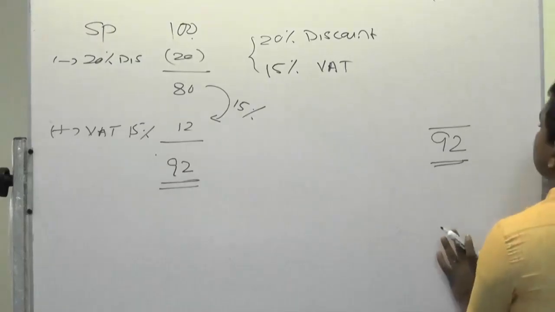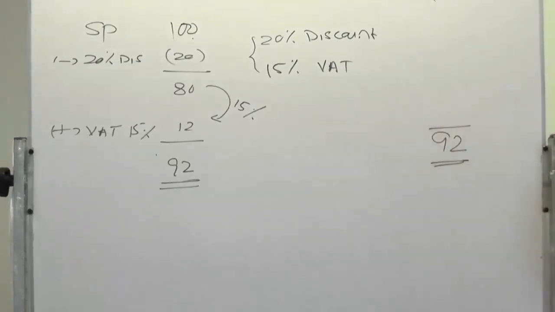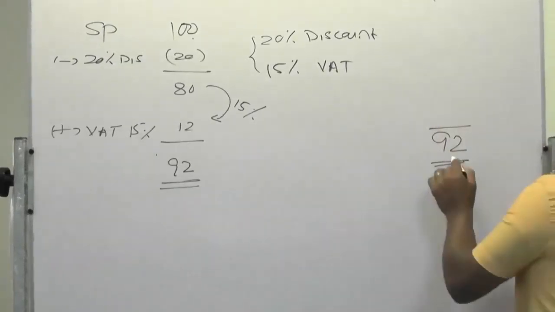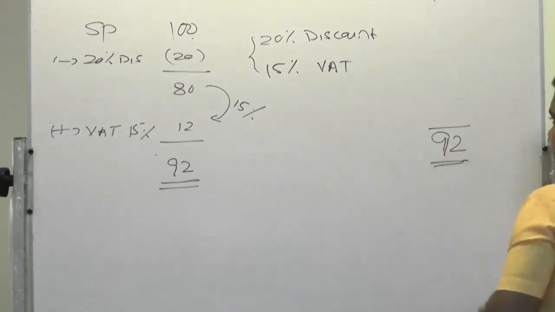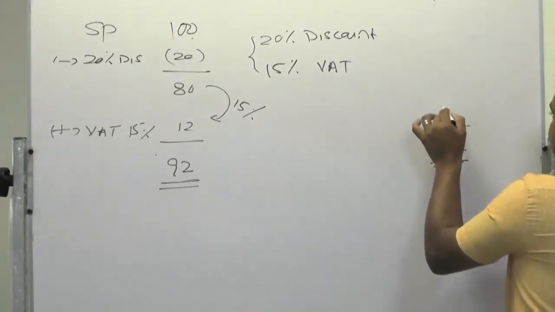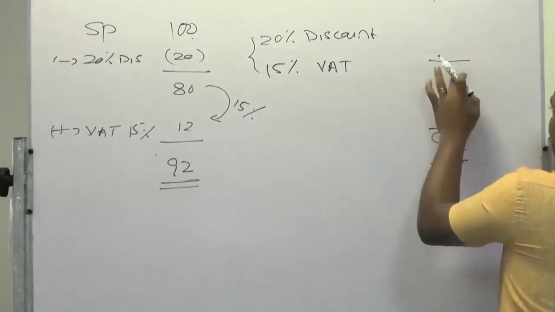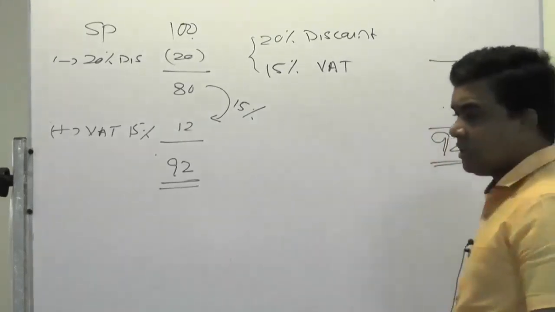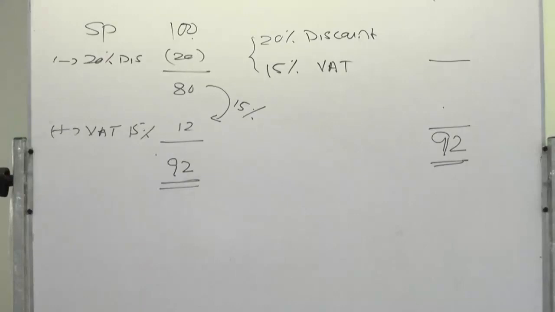Now if somebody asks you to calculate 100 using this information, assume you have 92 now, you need to calculate backward. What you have to do? You know this includes VAT, therefore you need to remove VAT, then you have price before the VAT but after discounting, right.